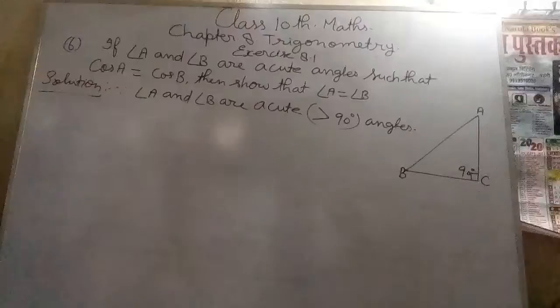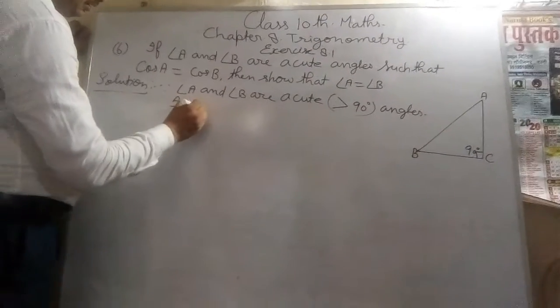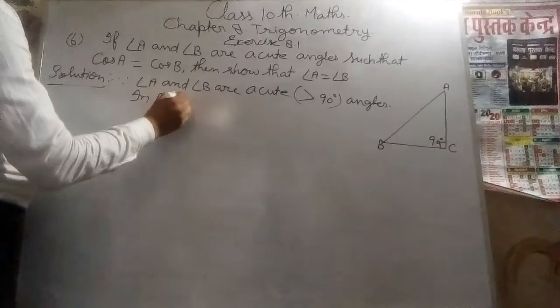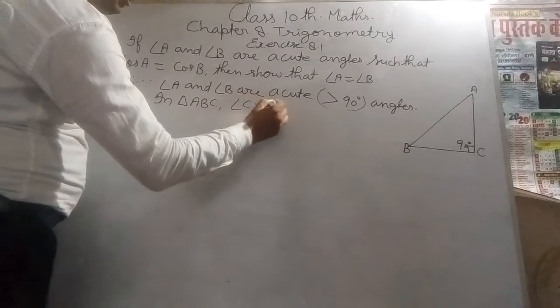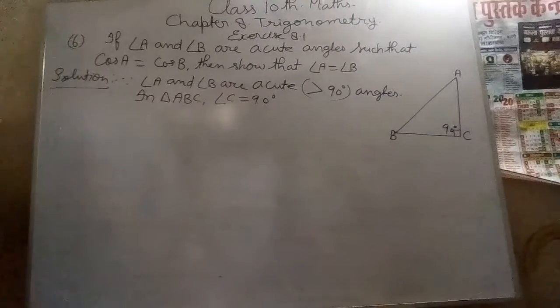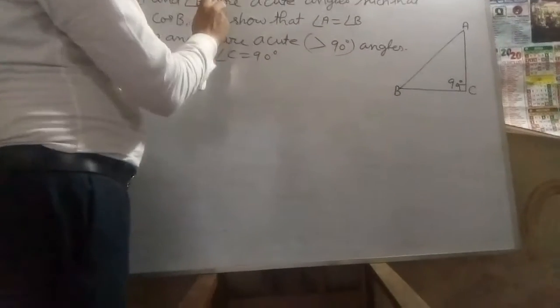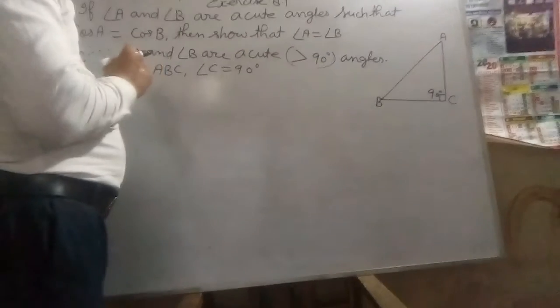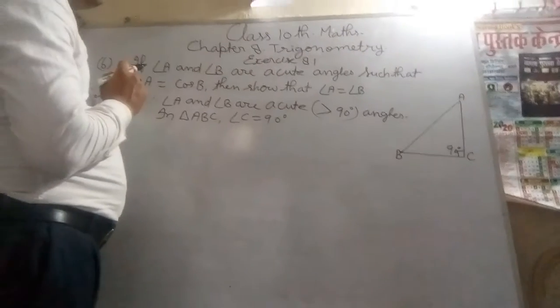Now in triangle ABC, angle C equal to 90 degrees, and angle A and angle B both are less than 90 degrees, means both are acute angles.